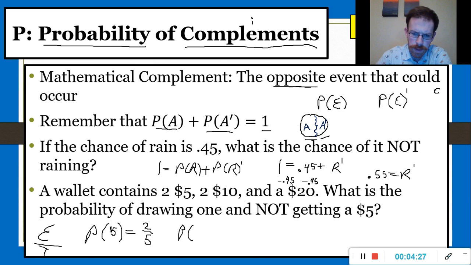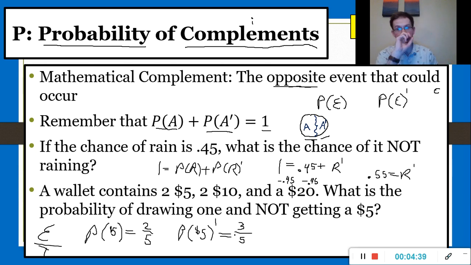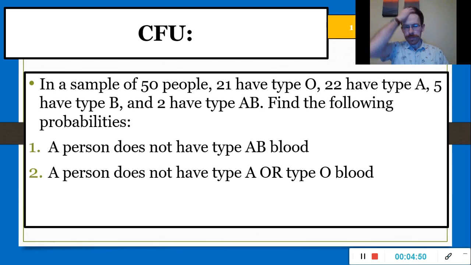The probability of getting something other than a 5, the complement, has to be the other portion, 3/5. It has to make up the rest of the fraction, because 2/5 plus 3/5 would obviously give us 5/5, which is just 1. Let's move on.